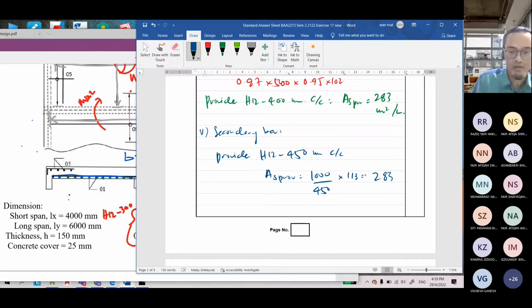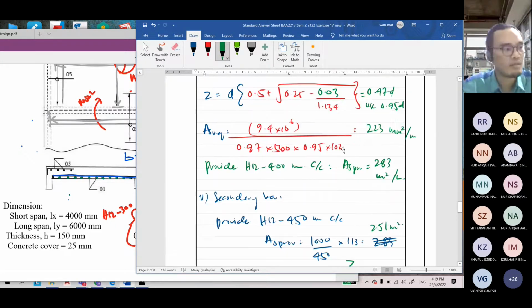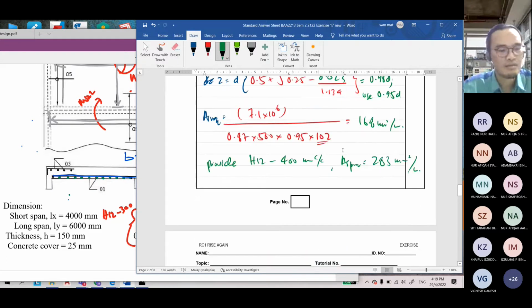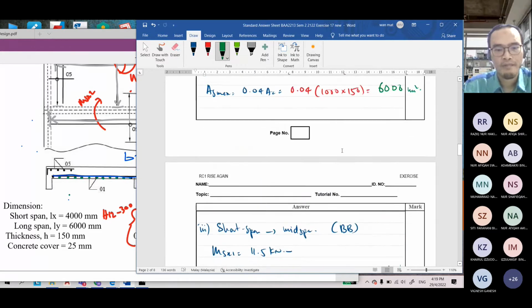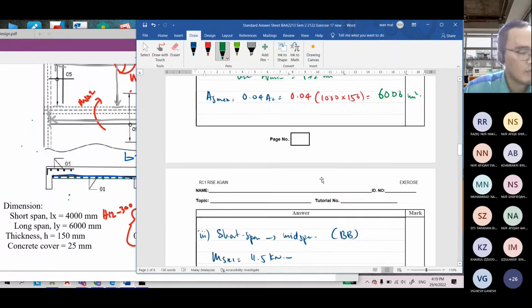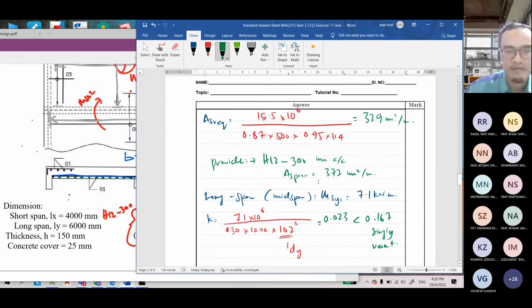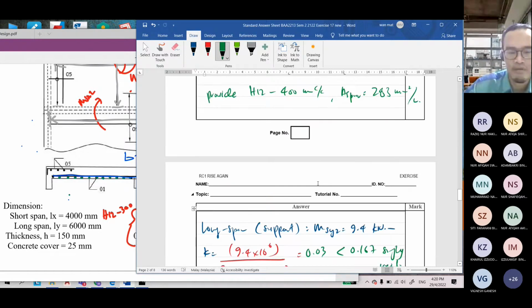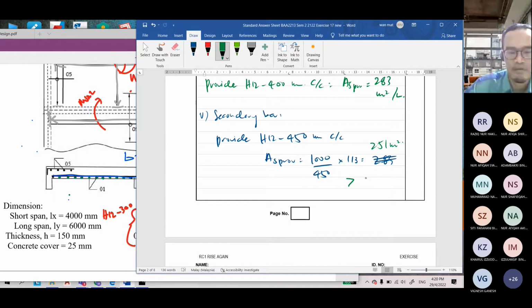This is 450. Okay, 251 mm square. So it is still larger than the As minimum, because our As minimum is here. Okay, As minimum is 172. So we can provide the maximum, greater than As minimum.